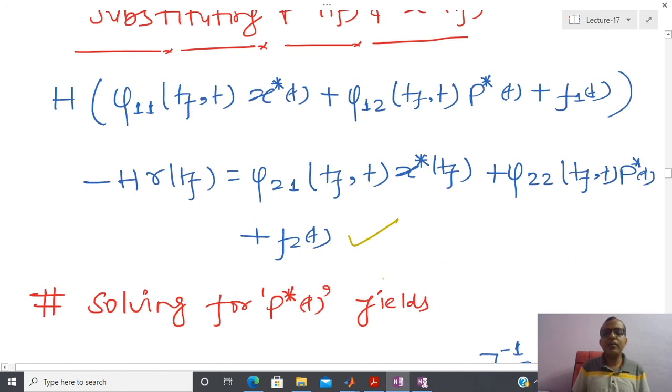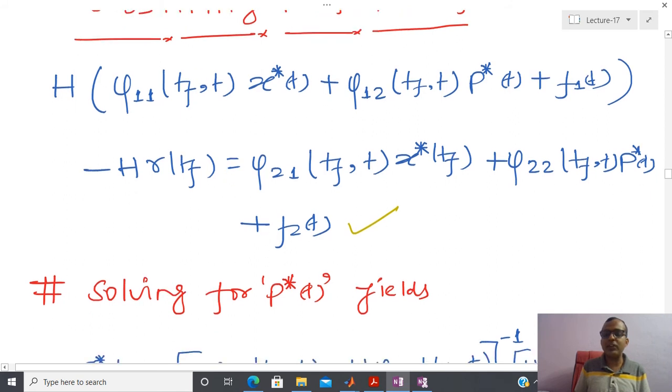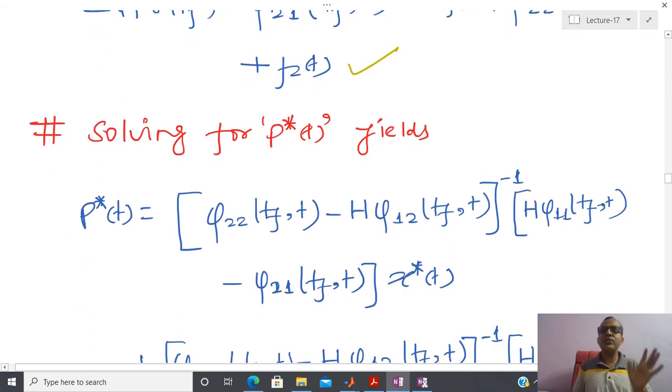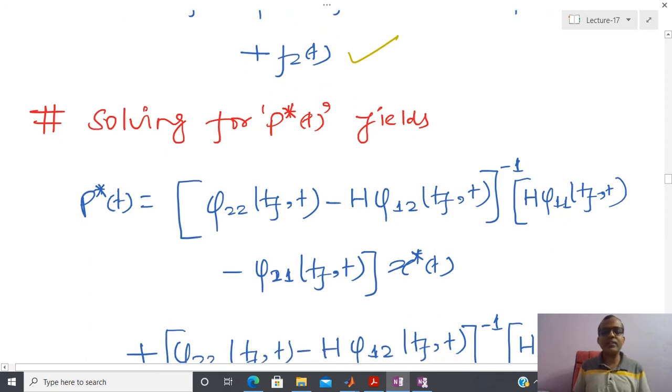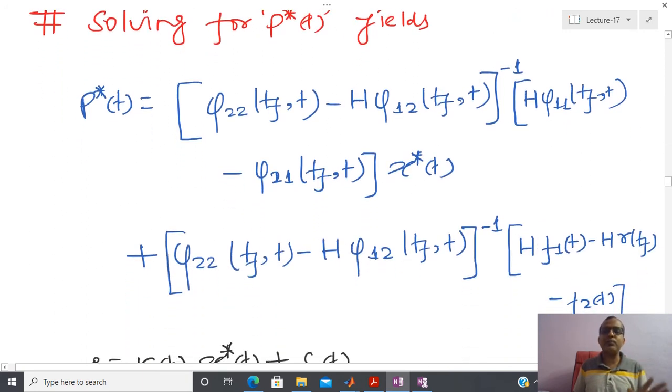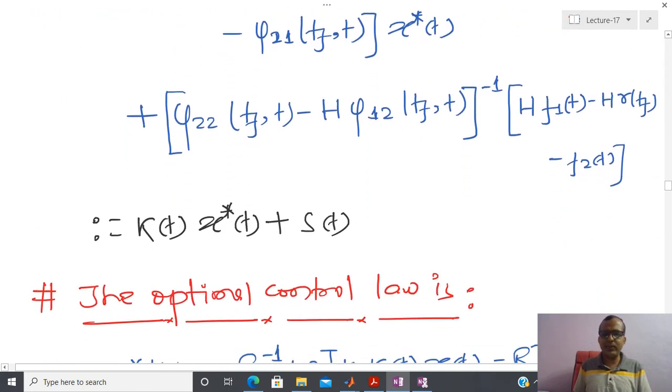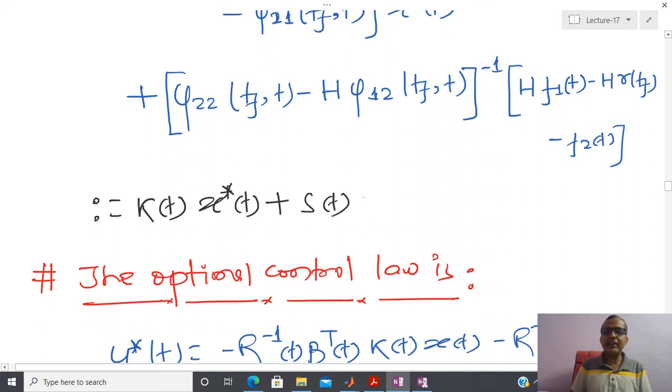Now from here you are able to solve for p star, because in order to find the optimal control I have to solve for p star using some proper way. Once you get p star, please check this calculation. Now everything is just calculation. In the regulator problem I have just this term, and if you remember, I defined this term as F(t) into x star(t). Now I have some kind of extra quantity, that is X(t).